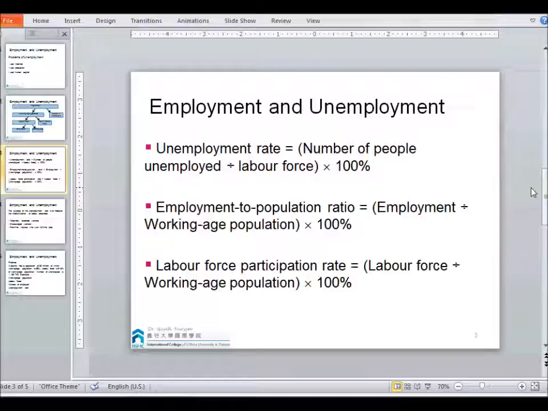Instead, it's a ratio to the working age population. So the employment to population ratio is the percentage of the working age population that is employed. And another one is the labor force participation rate, which is the percentage of the working age population that makes up the labor force.